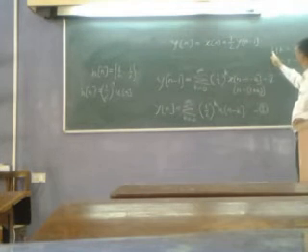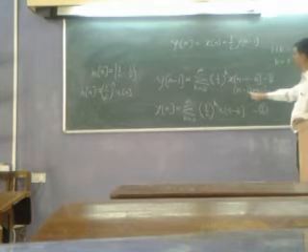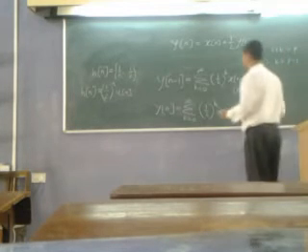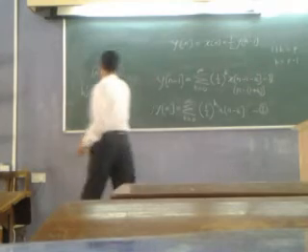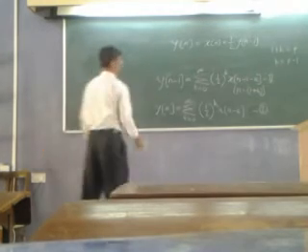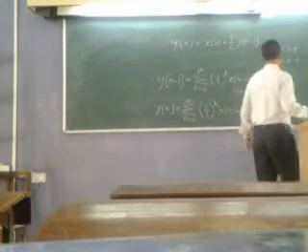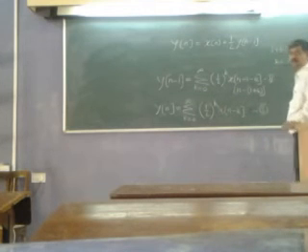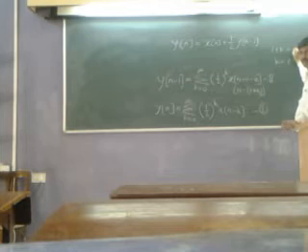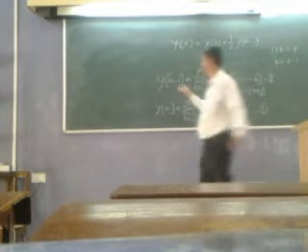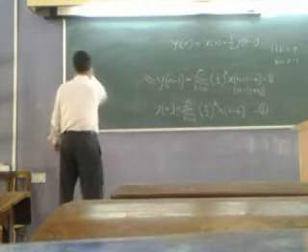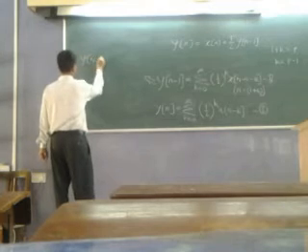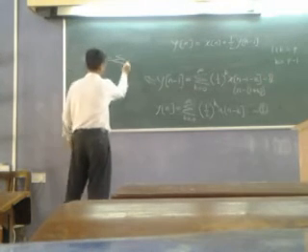So, when I put 1 plus k equal to p, directly integrate the equation. n minus 2 equal to, putting 1 plus k equal to p, the same equation becomes y n minus 1 is equal to summation.